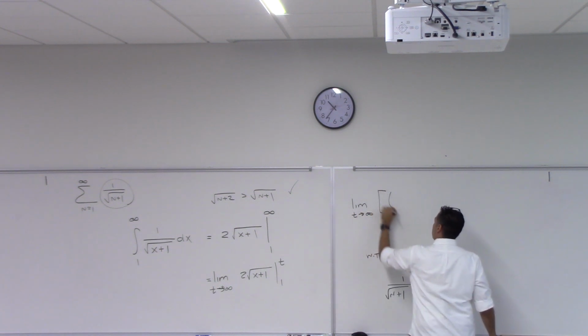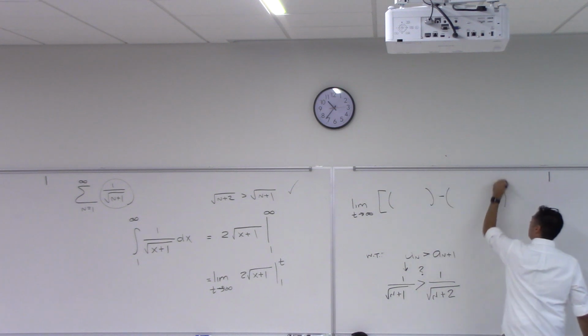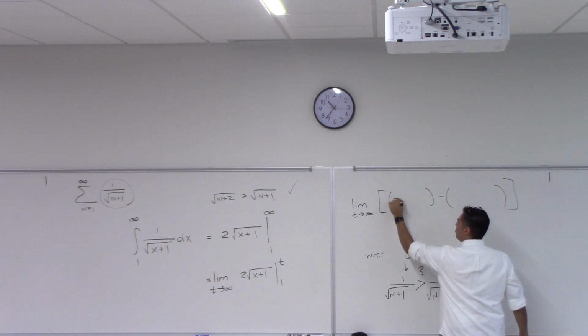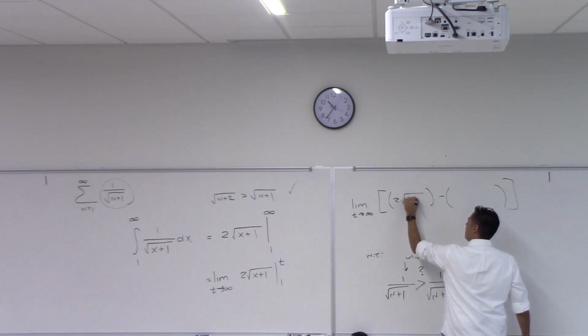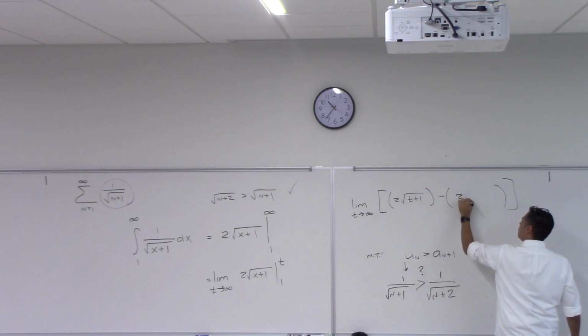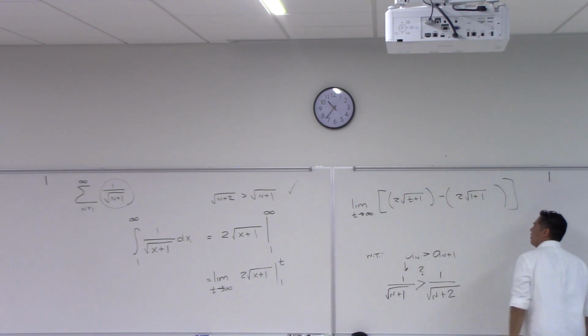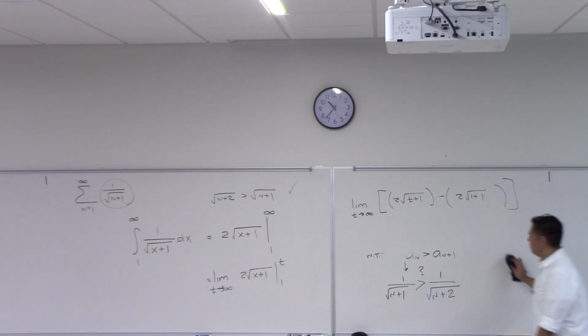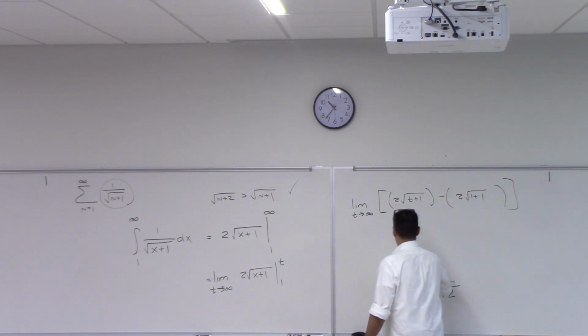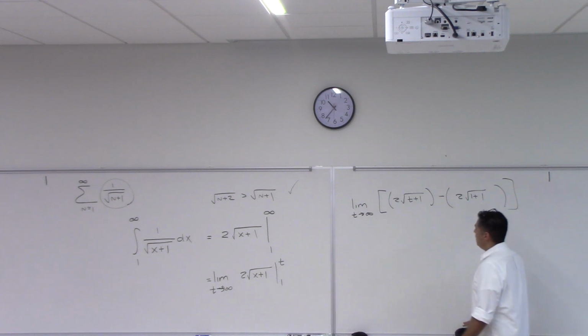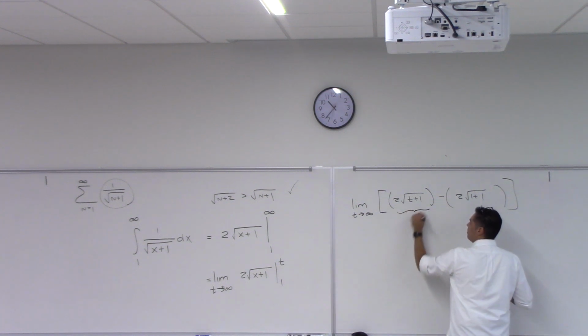Now I'm going to plug in my two values. My t goes in first, 2 root t plus 1. Then I plug in 1, 2 times root 1 plus 1. What happens? Yeah, you get infinity here, don't you? This becomes infinite.